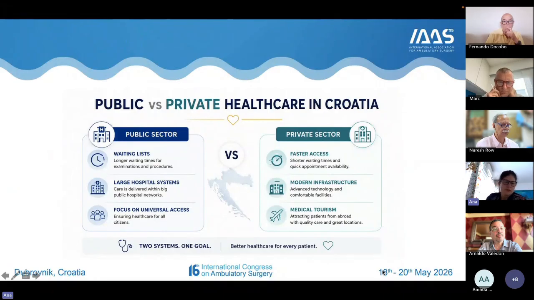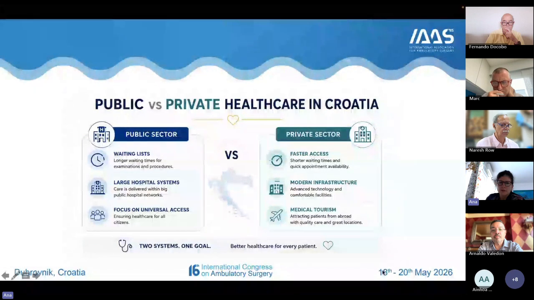There is a difference between public and private healthcare in Croatia, because the public sector, as I already said, has longer waiting times for examinations and for the procedures. And in the private sector, this access is quite faster. Public sector has large hospital systems, but private sectors are usually smaller hospitals, but sometimes have infrastructure more modern than the public hospitals.